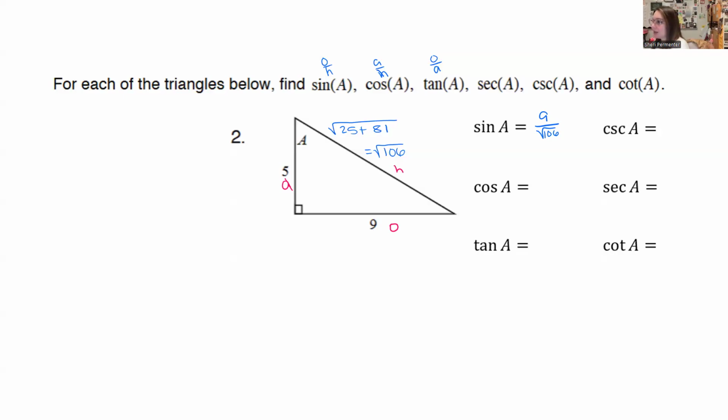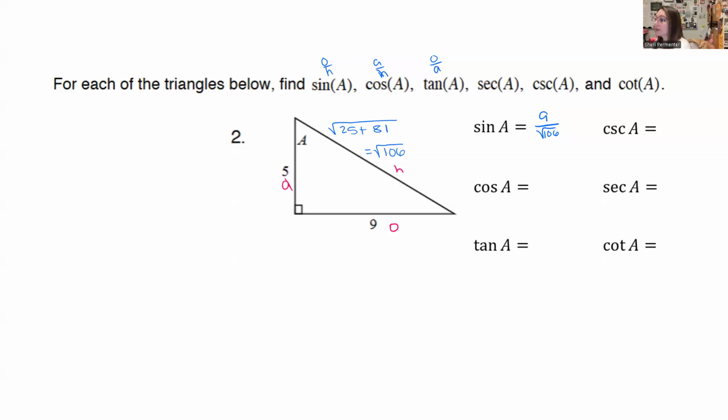Back in ancient times, not this century, before the invention of calculators, but not in your lifetime, we had to rationalize denominators. So that square root 106 would never fly. You couldn't leave a square root in the denominator. Our calculators are powerful now, so it does not matter.